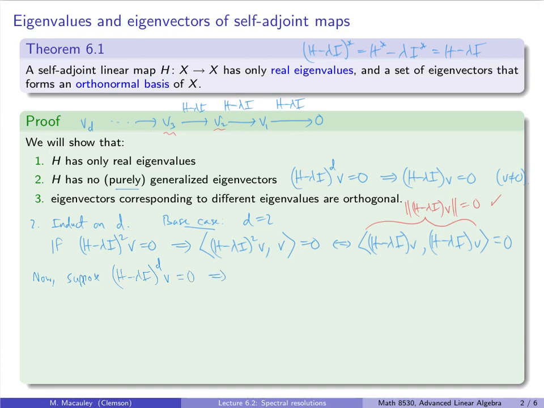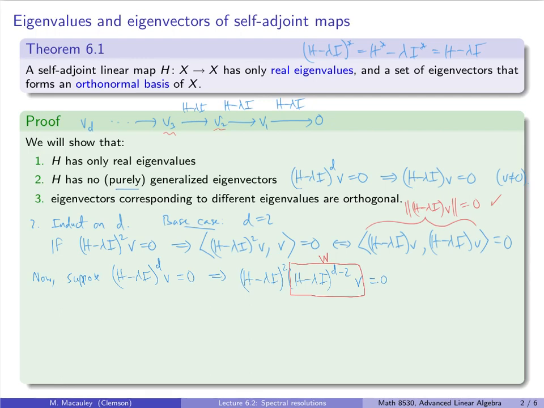And I will write this as (h minus lambda I) squared times (h minus lambda I) to the d minus 2 times v equals 0. So I've just factored it in an obvious way, and now I'm going to call this vector here, (h minus lambda I) to the d minus 1 times v, I'm going to call this vector w.